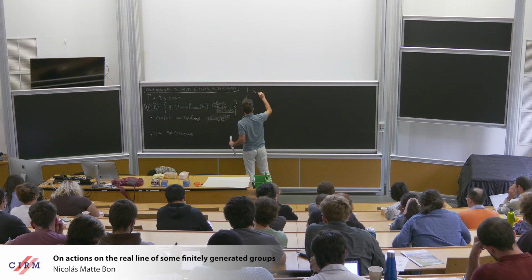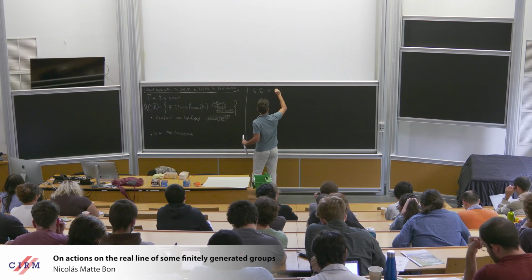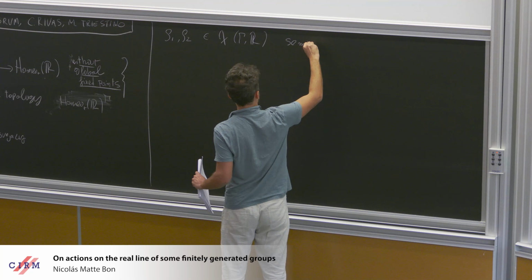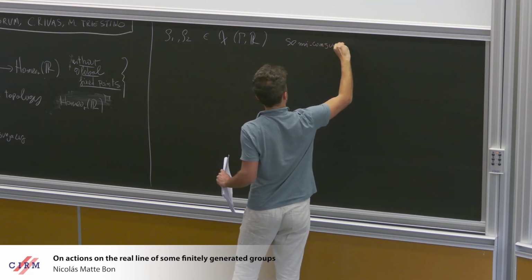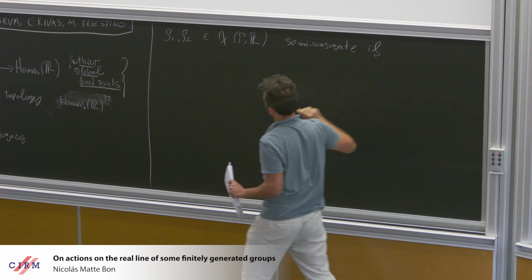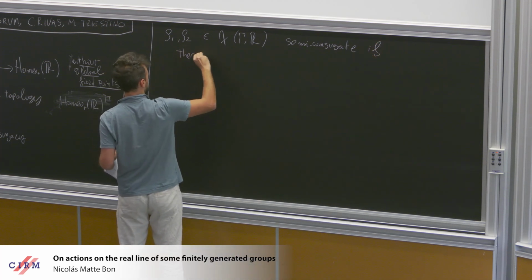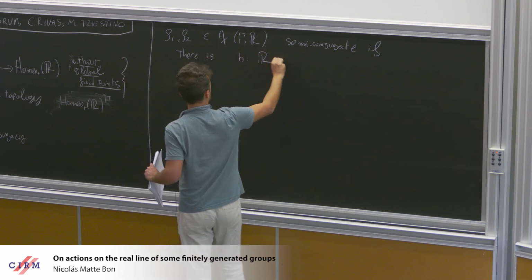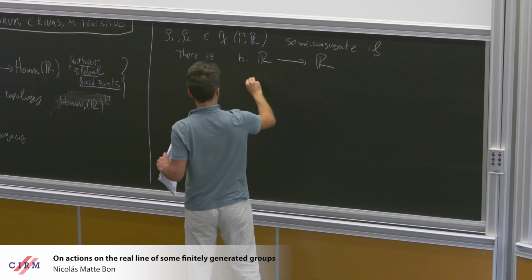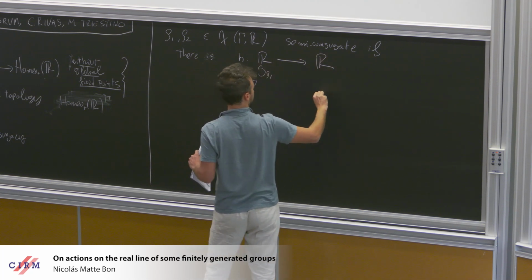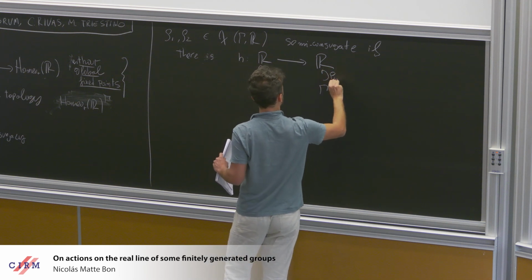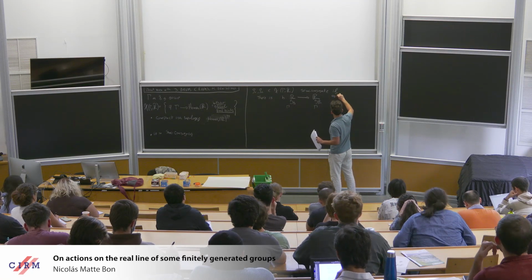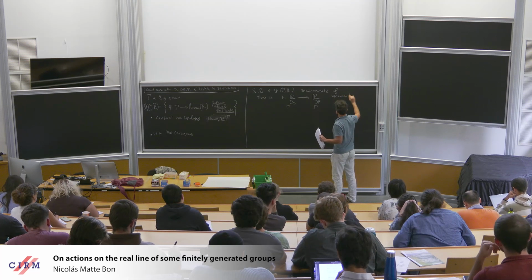Rho 1 and rho 2 are semi-conjugate if there exists an equivariant map from the line to itself, where here gamma is acting via rho 1 and here gamma is acting via rho 2, and we ask this map to be equivariant and non-decreasing.